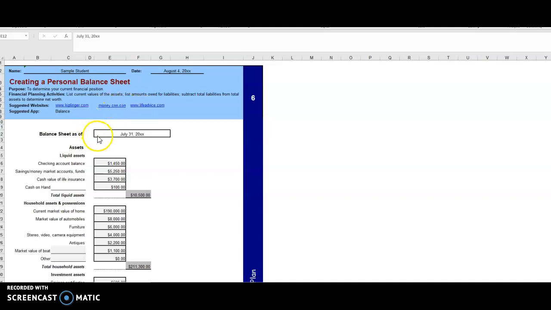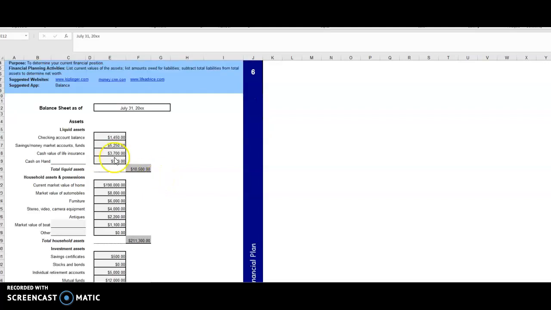One thing to keep in mind about a balance sheet is that it is for a point in time, meaning in this example, as of July 31st, what is the financial value of those assets that we control, our liabilities, and our net worth.